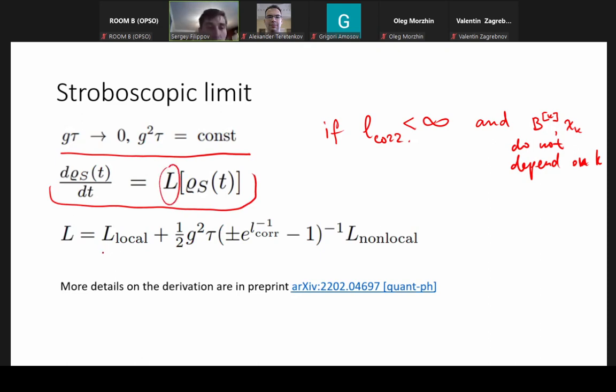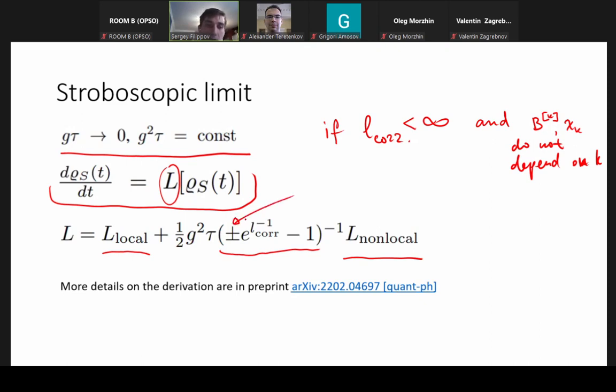But the generator will be given not only by the latest collision, which is described by that local term, but there will also be an effect of all previous collisions, and that effect has the strength of that number here.